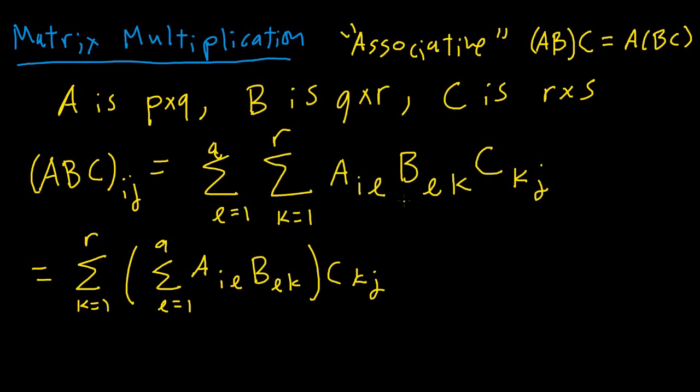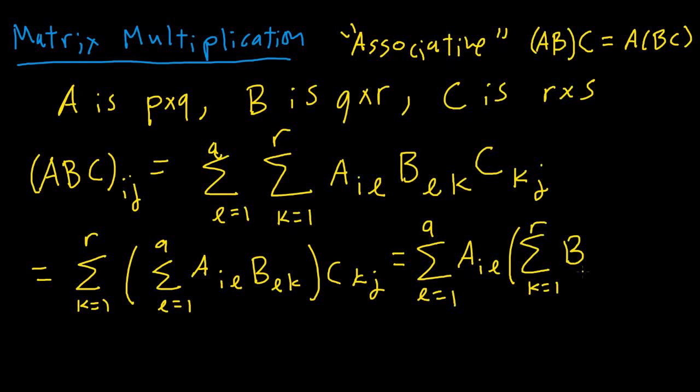But we could also do the summation in a different way. We could have the sum over L first, and then have A_IL out here, and then in parentheses do the sum from K equals 1 to R of B_LK C_KJ.